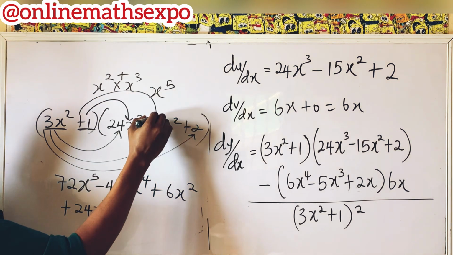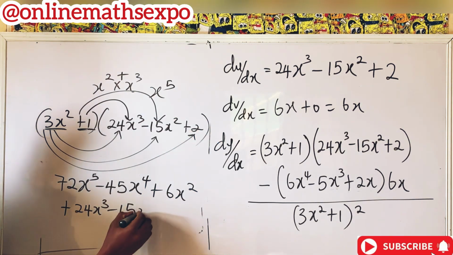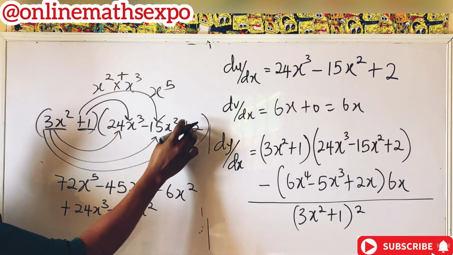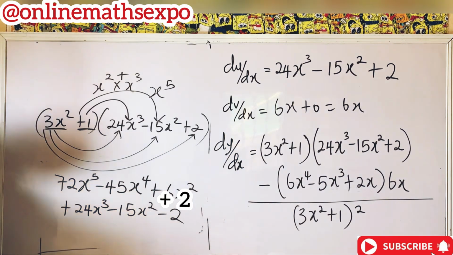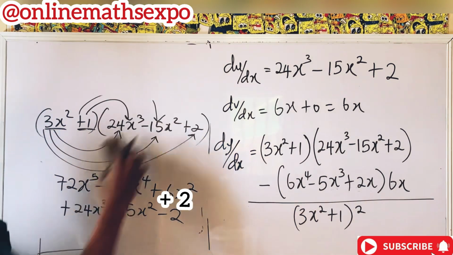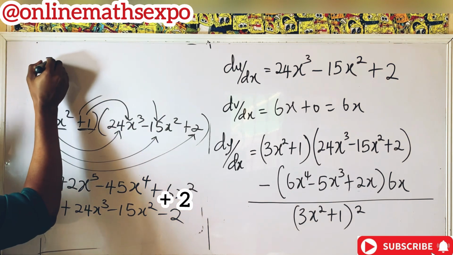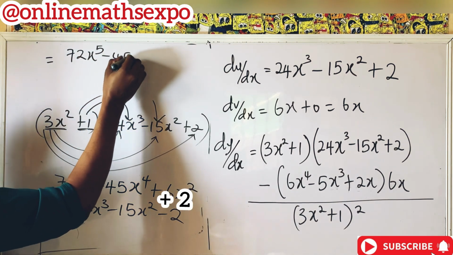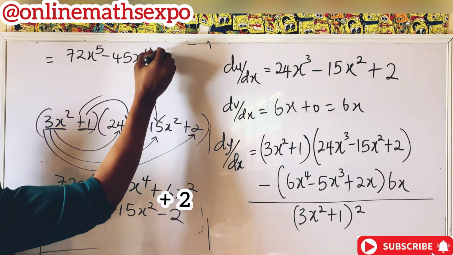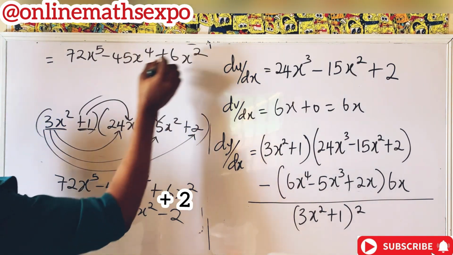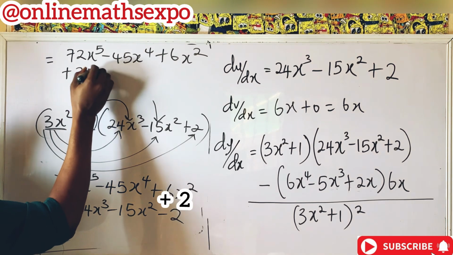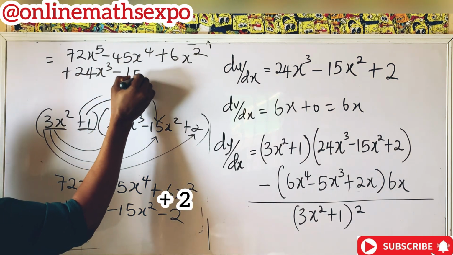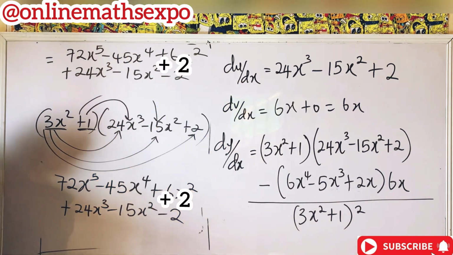Multiply this with this also, we have negative 15x squared. Multiply this, we have negative 2. So for multiplying these two, we are having 72x power 5 minus 45x power 4 plus 6x squared plus 24x cubed minus 15x squared minus 2.